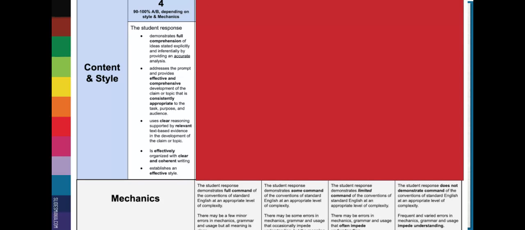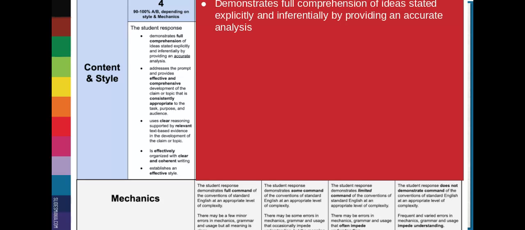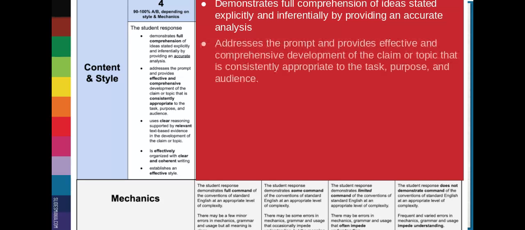We want to get a 4 on the content and style section. That is the top marks. So to get a 4, you need to demonstrate full comprehension of ideas stated explicitly by providing an accurate analysis. So that means you're showing you fully understand the prompt and you are fully answering the prompt.